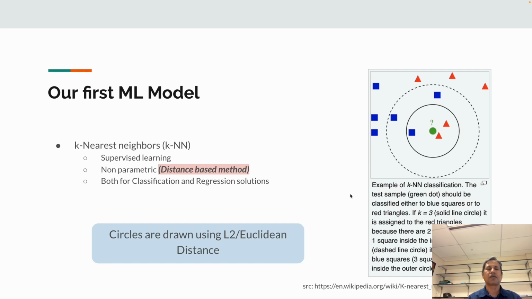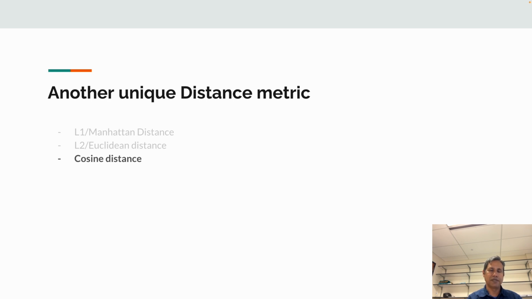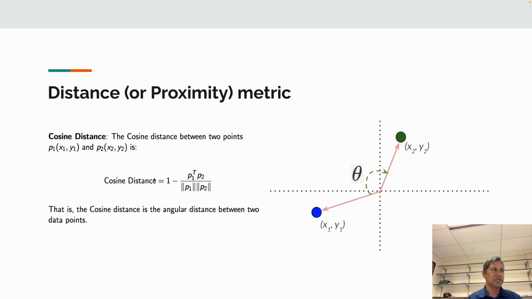So in the next part we'll be explaining another distance metric which is very popular in the machine learning community, what we call cosine distance. And here is the formula. The cosine distance is 1 minus the dot product of P1 and P2, divided by the multiplication of their norms.